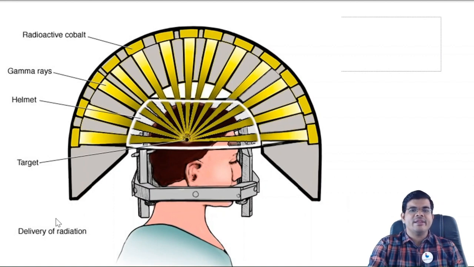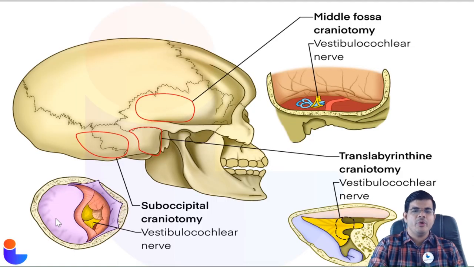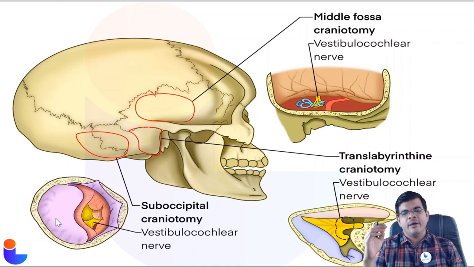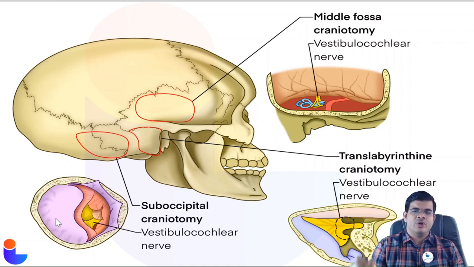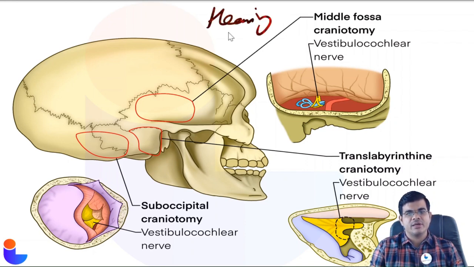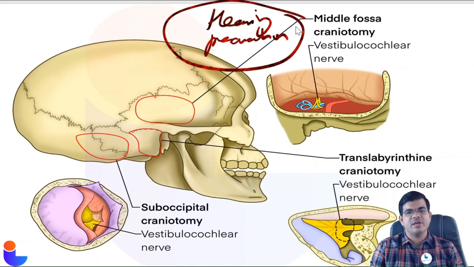Okay, now what are the various surgical options available for a patient with vestibular schwannoma? You can go for either the middle cranial fossa approach. Okay, middle cranial fossa approach, when it is a small tumor, it will help in hearing preservation. Okay, hearing preservation is there when you are going for a middle cranial fossa approach.